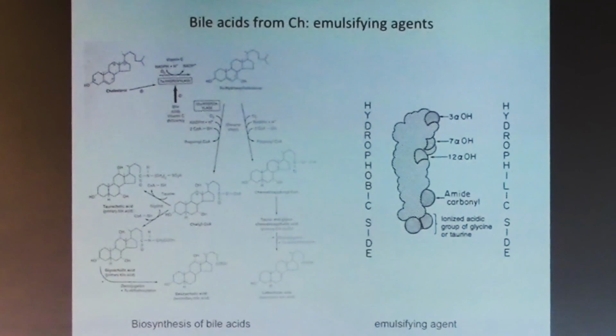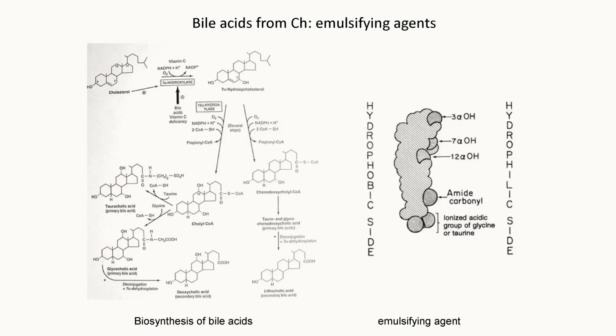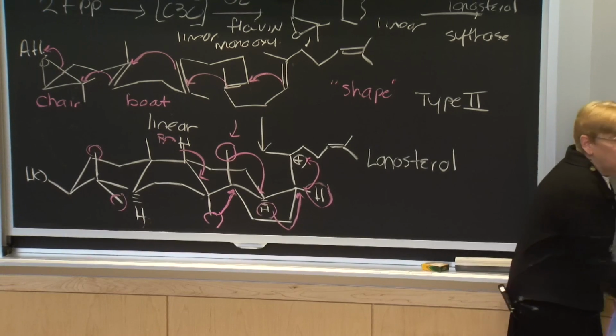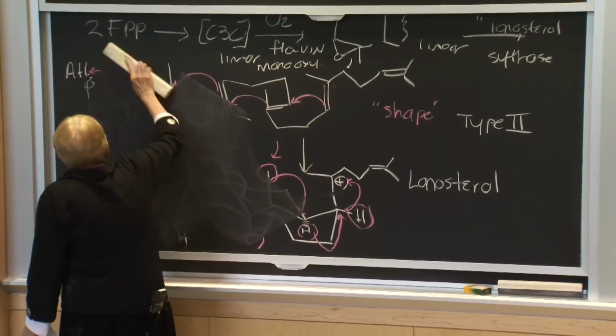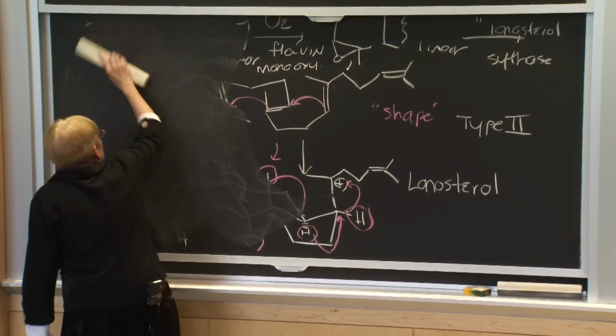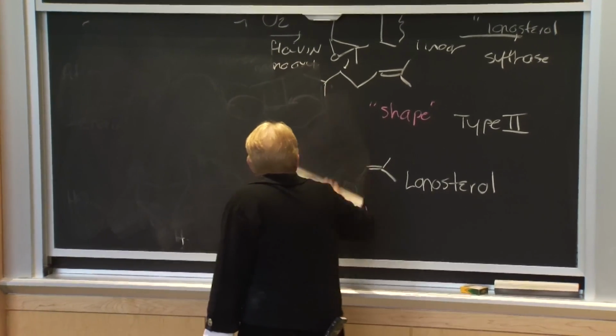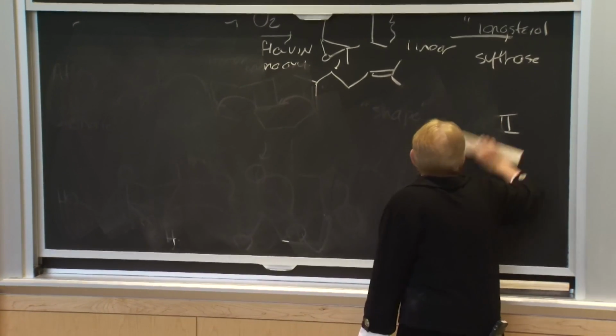Okay, so the other thing that I wanted to briefly say is that in addition to cholesterol, and I'm not going to spend much time on this either, but I think it's worth mentioning: when you get cholesterol back into the liver, what can you do with that excess cholesterol? If you have too much of it, how do you control the levels?